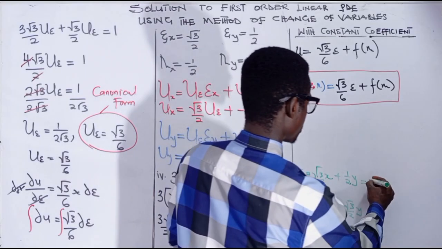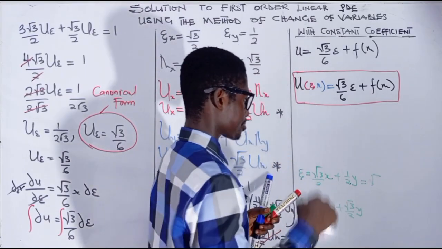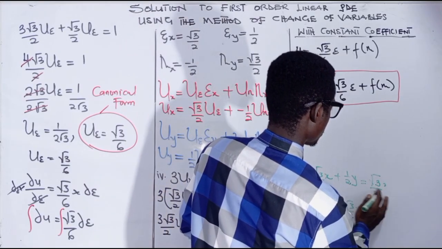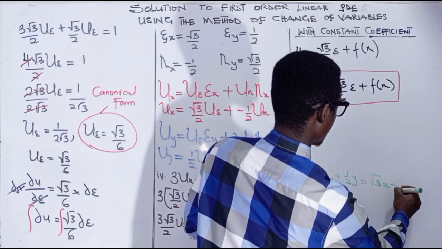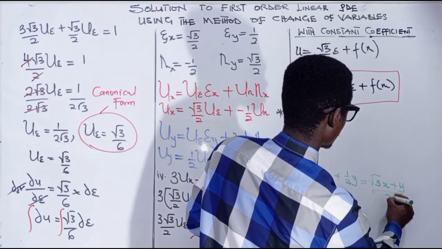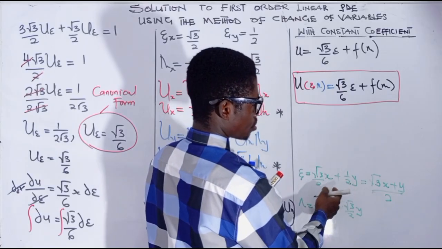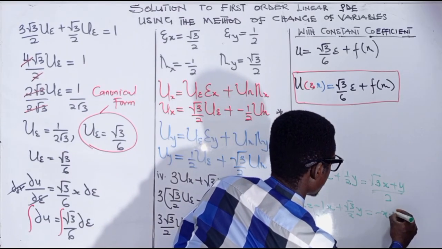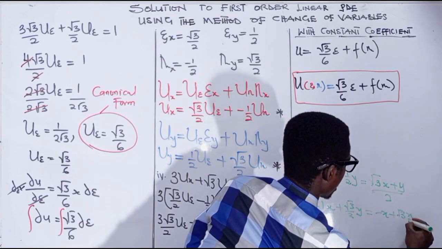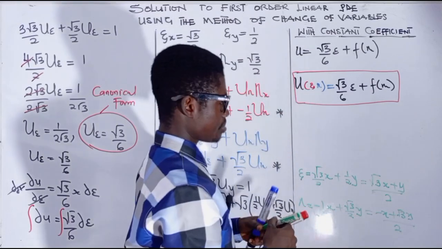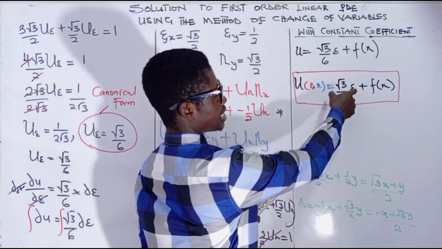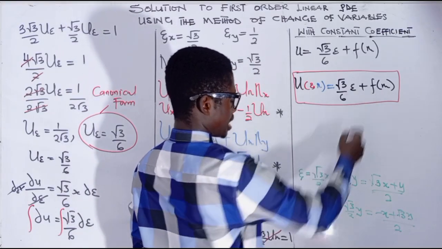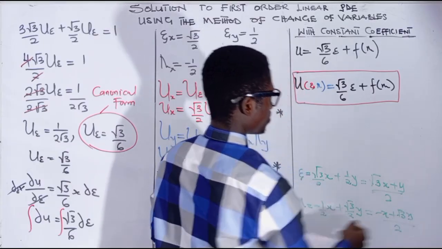So we can write Zaya as root 3 x plus y, all over 2, since the denominators are the same. And eta we can write as minus x plus root 3 y, all over 2. So wherever we see Zaya in this, we are going to replace it with that, and wherever we see eta in this, we are going to replace it with this. Very, very easy.